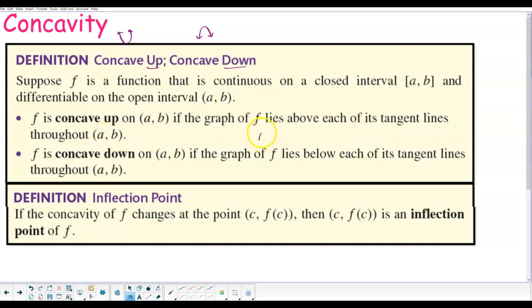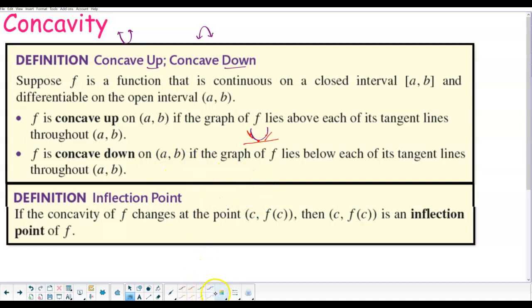If I draw a concave up graph, and then we look at the tangent line, the graph itself lies above any tangent line that is drawn. You can see all the tangent lines here. The original function lies above. So that's how we can define concave up.